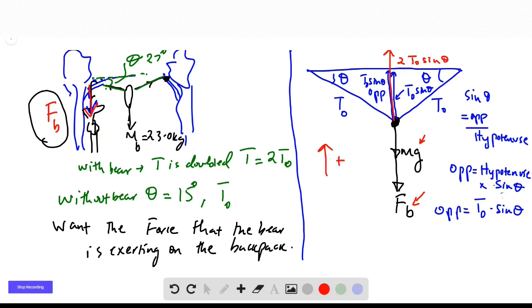Going upwards, we have positive, and going downwards, we have negative. And to the right, it's positive. To the left, it's negative. Those are key critical numbers to remember.